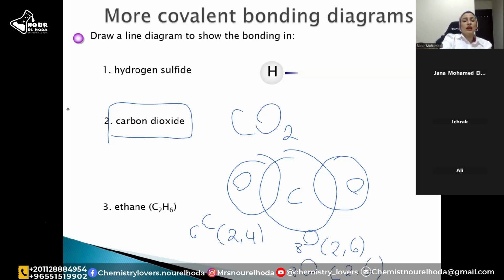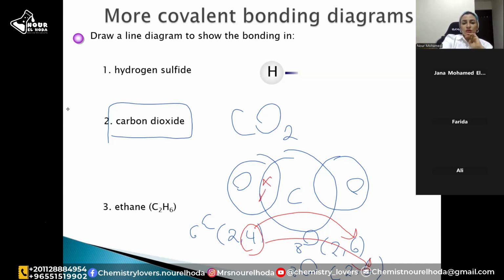So what will happen? This means with the 4 electrons you will share here by 2 and here by 2. The carbon in the outer shell has 4. So I will share 2 with this oxygen and 2 with this oxygen. Why? Because as I said, carbon has 4 in the outer shell, so I still need 4 more to be stable.